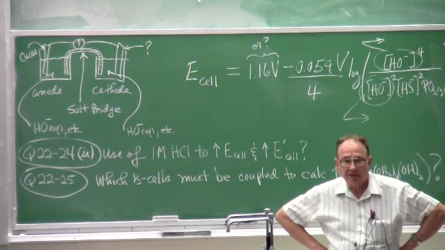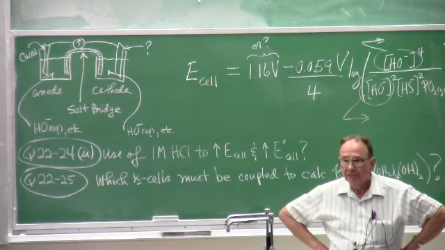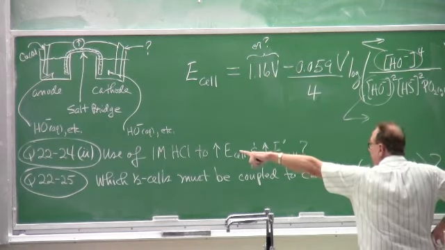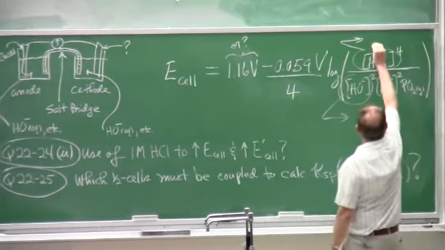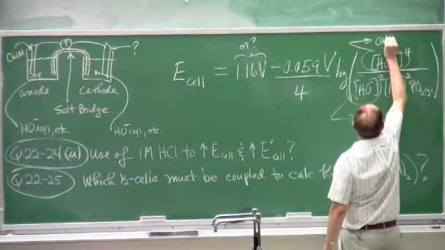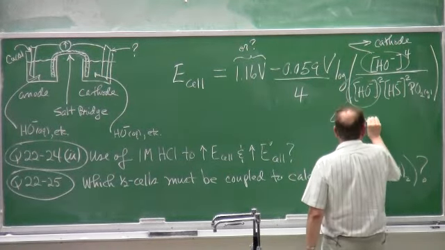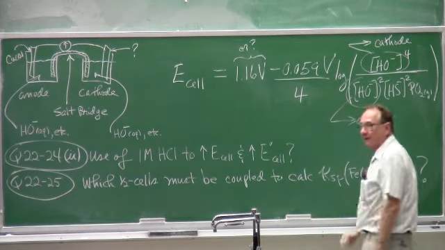The top hydroxide ion is in which half cell? Cathode or anode? Cathode. Well then, by default, the bottom hydroxide ion, the denominator hydroxide ion, is anode.